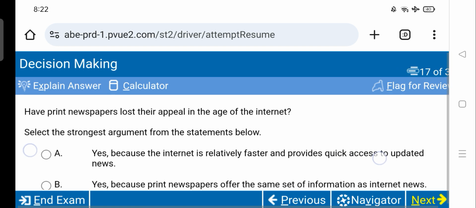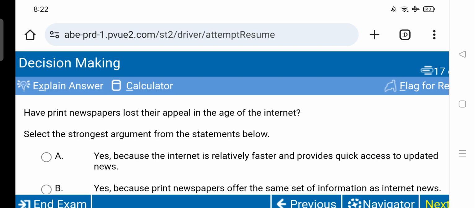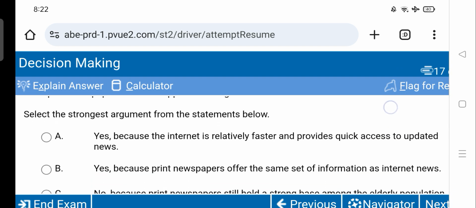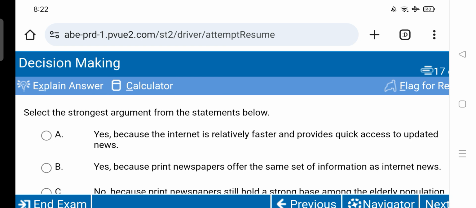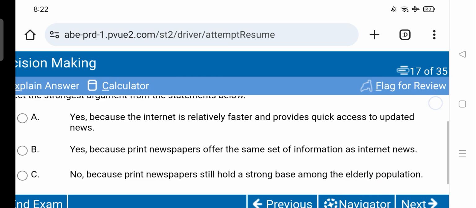Have print newspapers lost their appeal in the age of the internet? Select the strongest argument from the statements below. Option A, yes, because the internet is relatively faster and provides quick access to updated news.